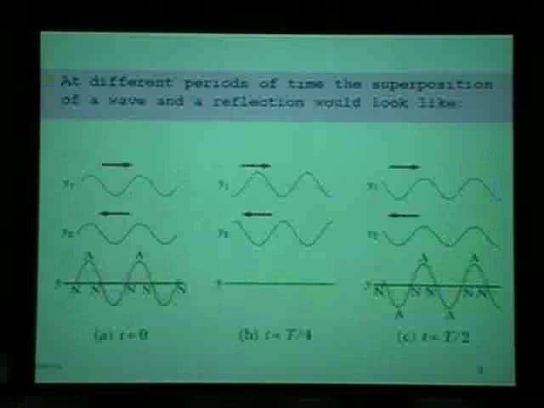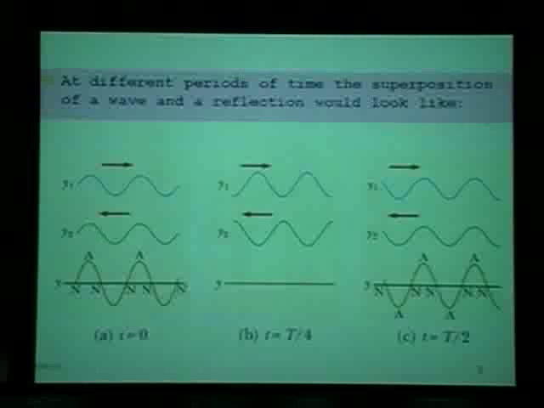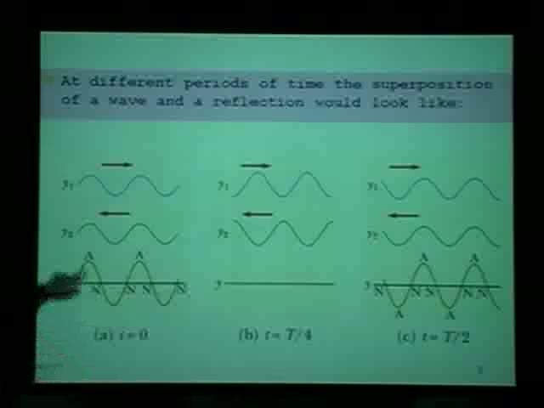At different moments, with these two waves moving in opposite directions, we can have different kinds of interference. If the two waves, which have the same wavelength, were perfectly on top of each other, we would have total constructive interference. If each wave has an amplitude A, the total result would be an amplitude of 2A.